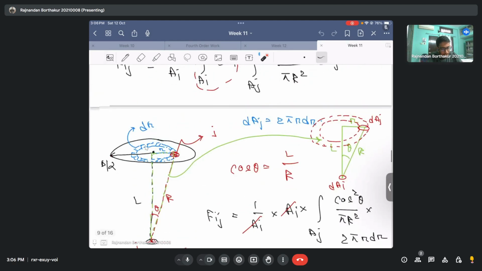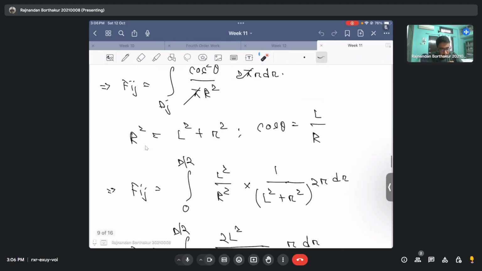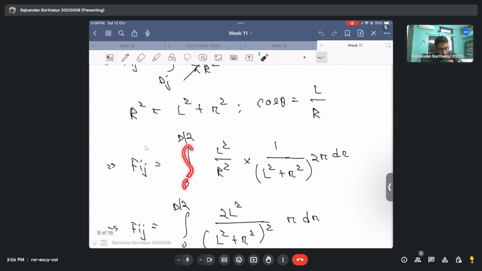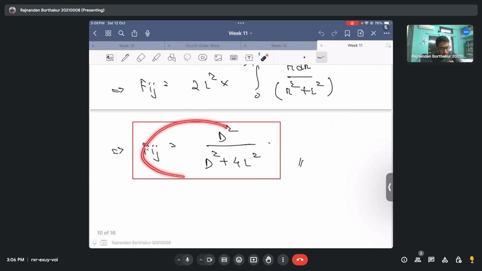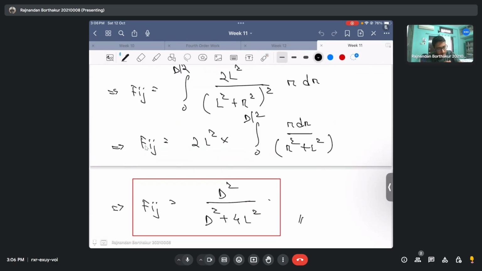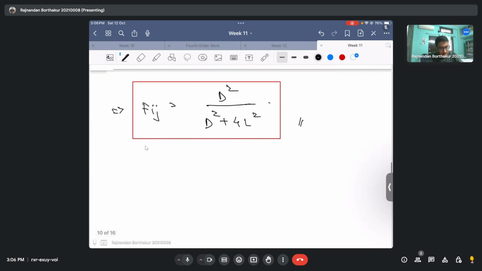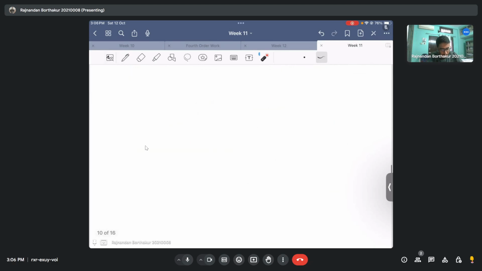And keeping in mind that the infinitesimally small dAj is nothing but 2 pi r dr, we evaluated this Fij and then integrated it from 0 to d by 2 to obtain the expression for Fij, which came out to be d square by d square plus 4 times L square. And there is just a 2 that I missed here. It should be a 2 here. I mean, it should be the square of this. And yeah, the rest is something that we did in order to evaluate this Fij.